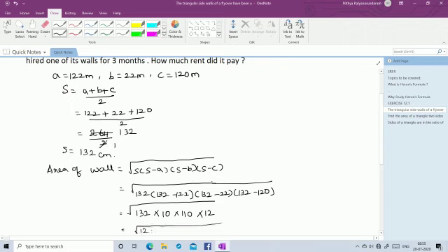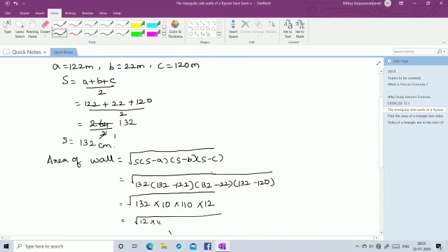So 132 we can split 12 into 11, then multiply 10, then 110 we can split 11 into 10, then 12.